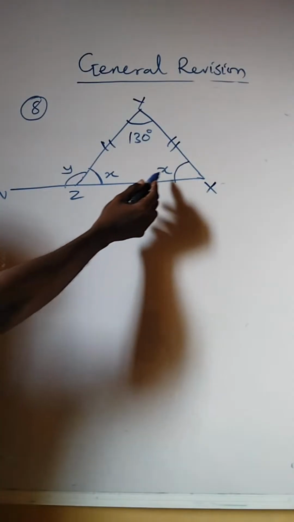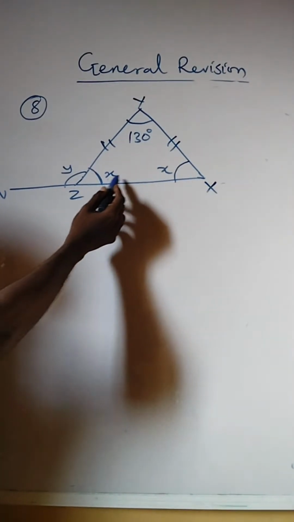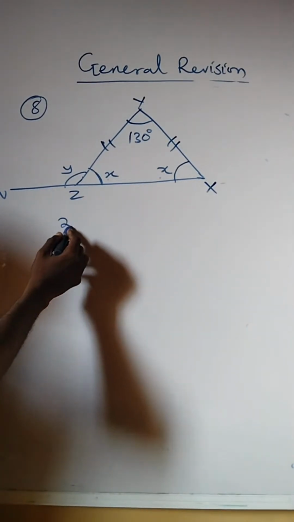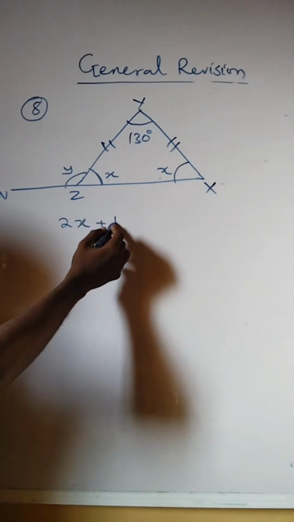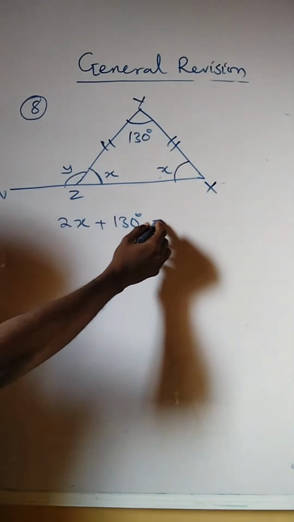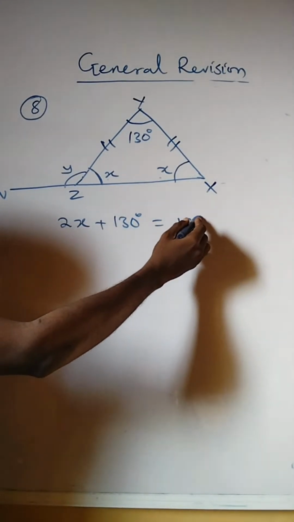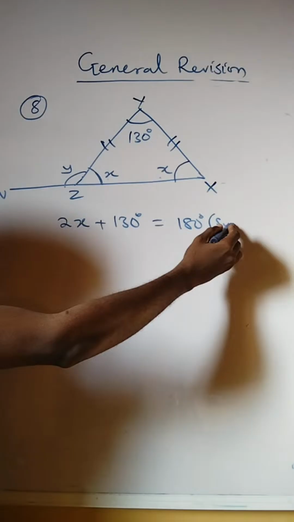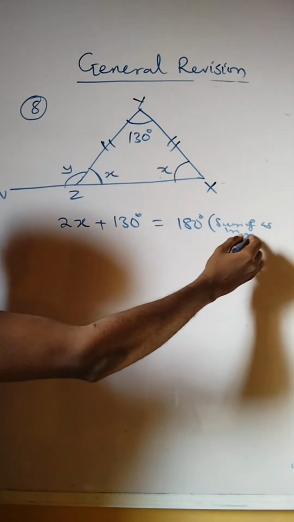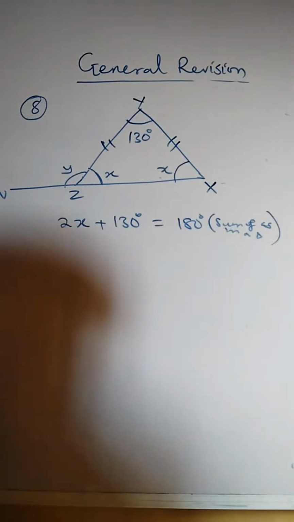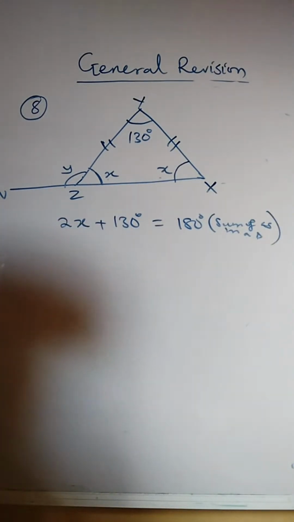Because sum of angles in a triangle is 180, we can say x plus x, which is 2x, plus 130 degrees should add up to 180 degrees. This is the sum of angles in a triangle, which add up to 180 degrees.